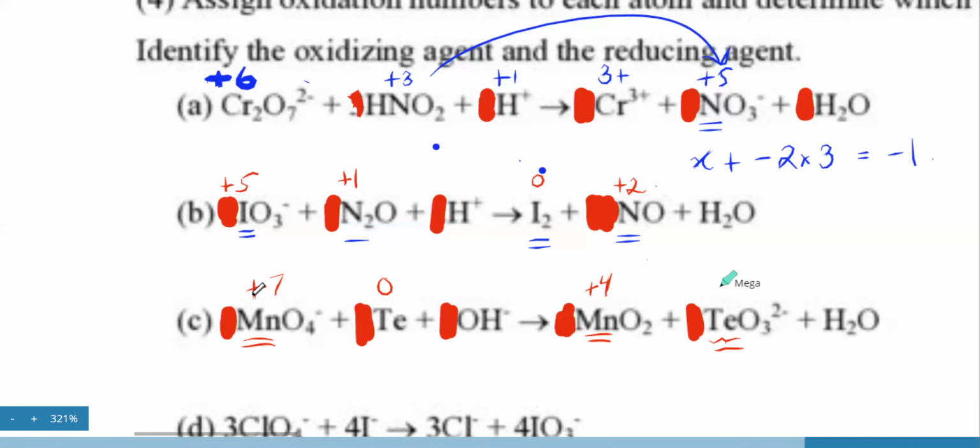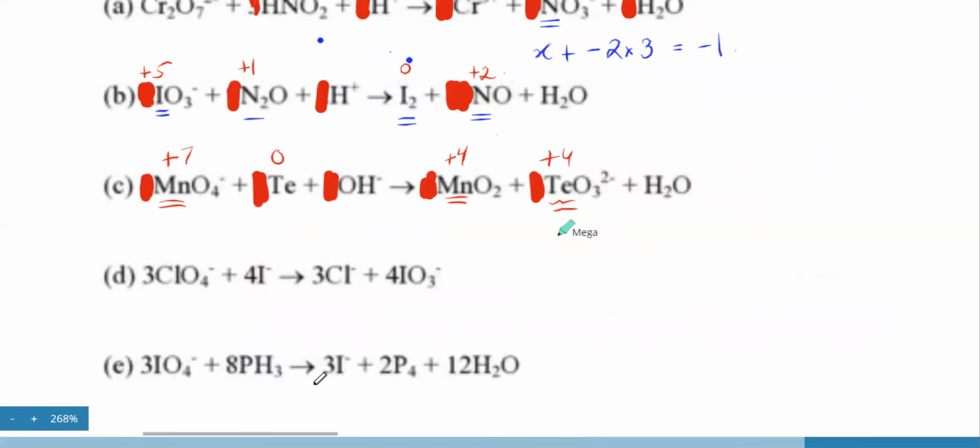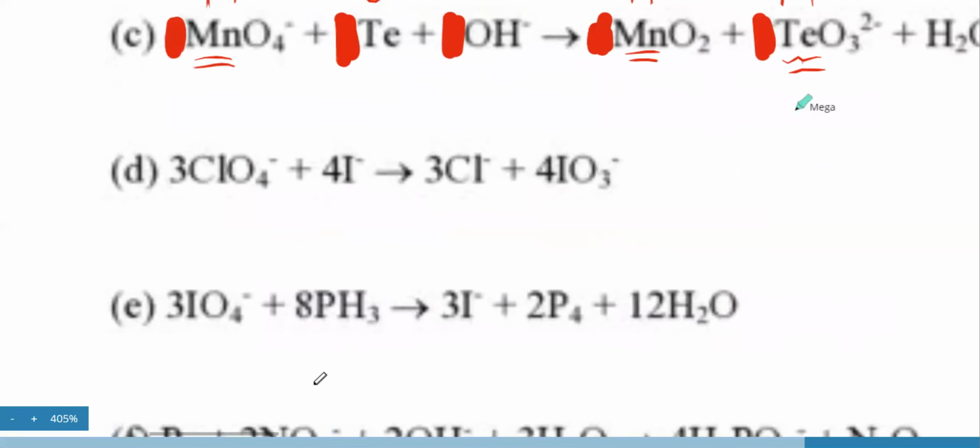Is it 4? It is 4, yes. So who's getting oxidized? Who's getting reduced? So Mn is being reduced, and Te is being oxidized. This last one, try and do this one.